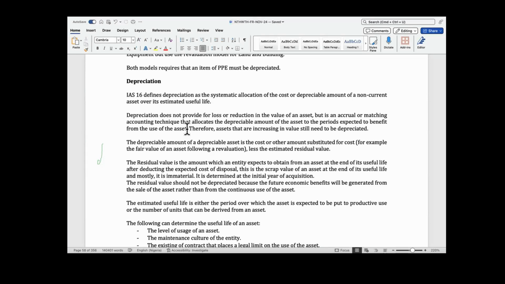Capitalize everything. That scenario is similar for depreciation, because now the asset is ready for use. An asset that we have constructed, we have spent 100 million to construct, and now the asset is ready. We have estimated that we are going to be using it for 5 years.